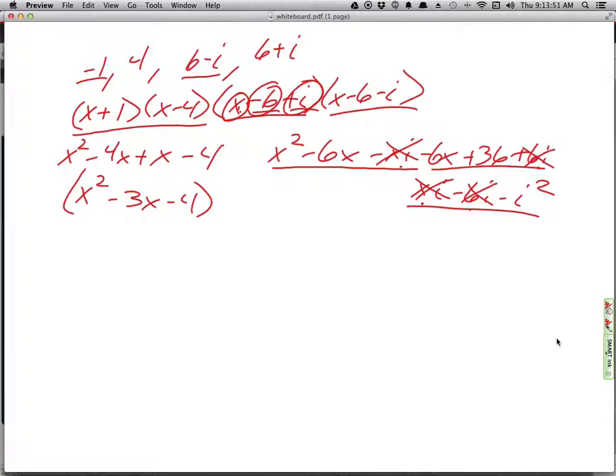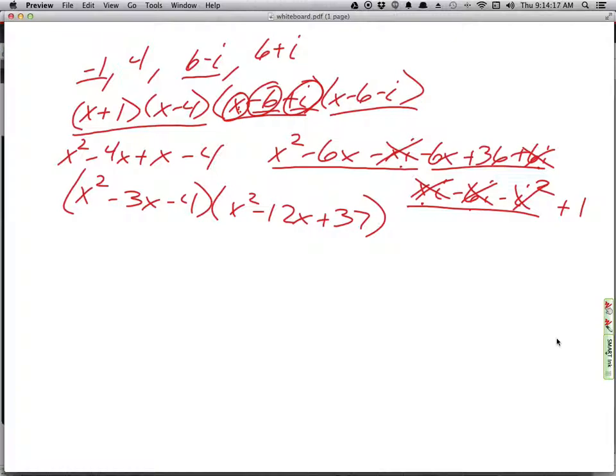And then what is i squared equal to? Negative 1, so that turns into a positive 1. So we're looking at x squared minus 12x plus 37. You need to keep that in mind whenever you're multiplying out factors that have complex numbers. The i should always cancel, or the i squared goes to negative 1.